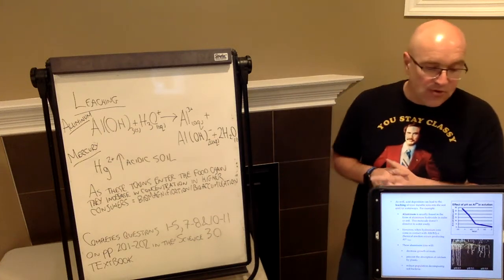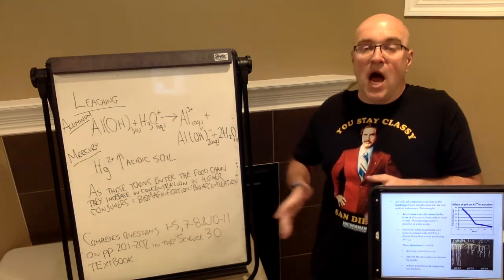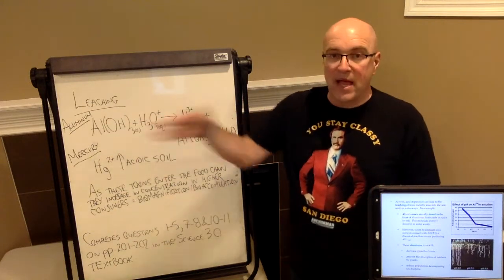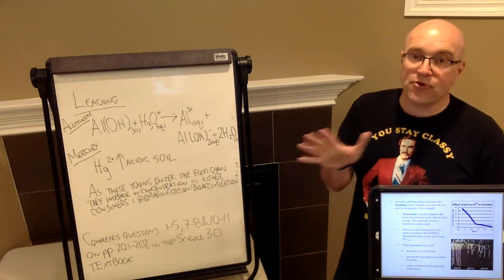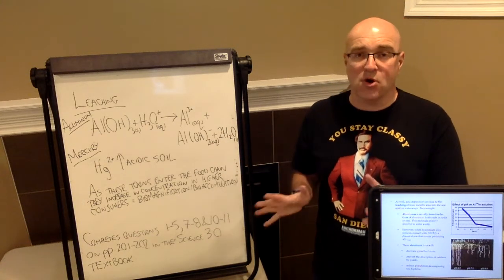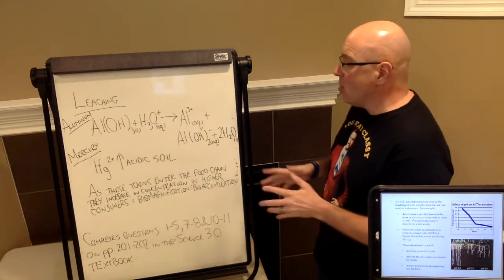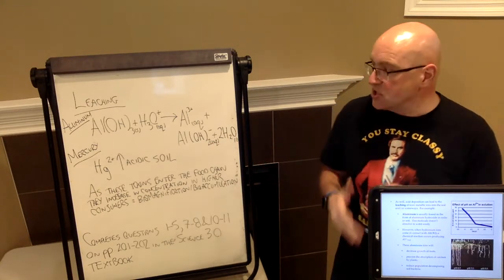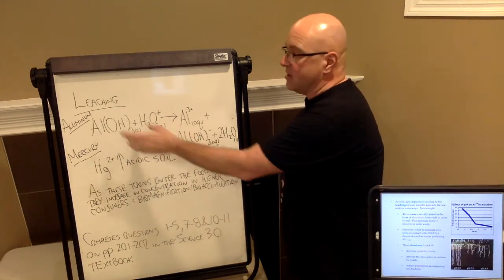Aluminum is normally found in rocks in a form called aluminum hydroxide, which has the formula Al(OH)3. When it reacts with hydronium, it undergoes an acid-base reaction. Hydronium is the acid.